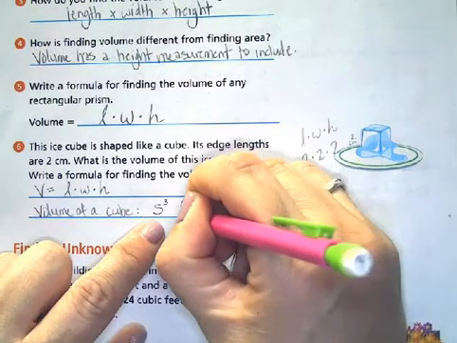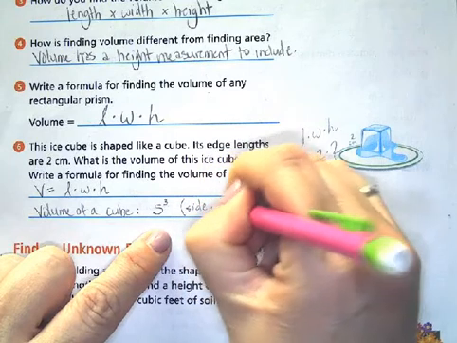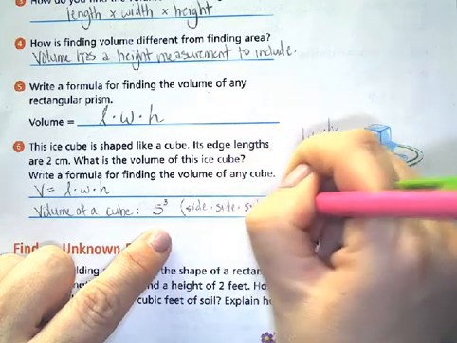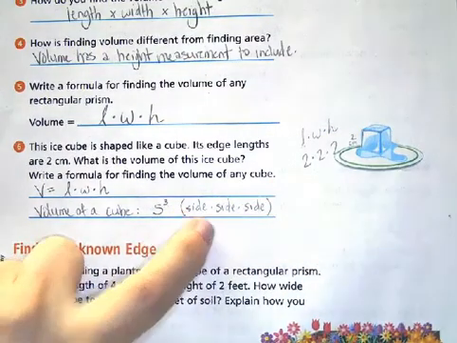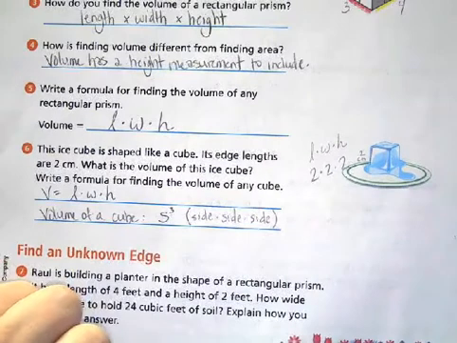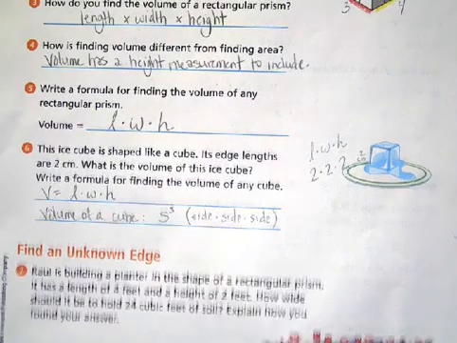I'll give you a hint. Rhymes with ride. It stands for side. Because all the side measurements are the exact same, you can just do side times side times side, which is side to the third power, or side 3 times. So the volume of a cube is just side cubed. Side times side times side. Pretty cool.